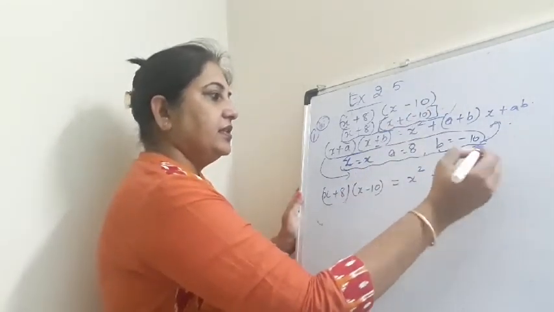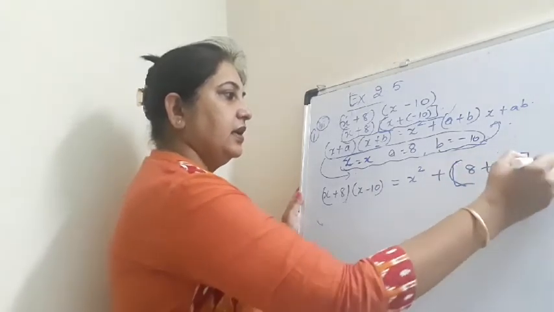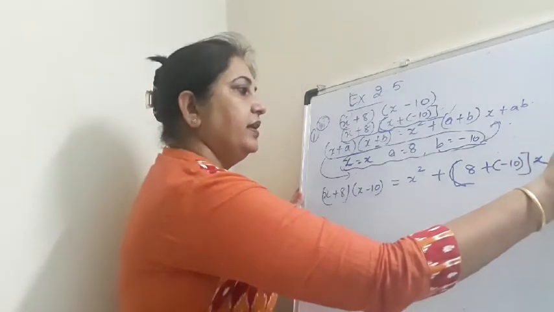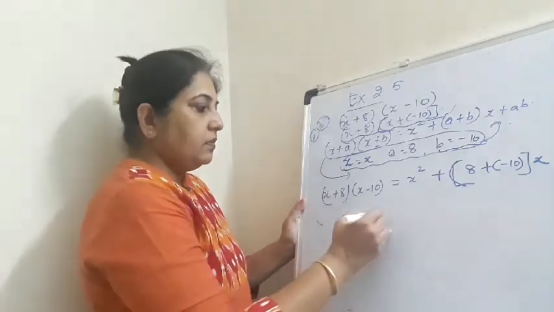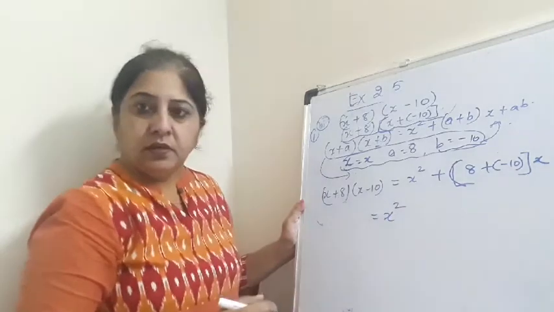For a I write 8 plus minus 10 and x, and here I write plus 8 into minus 10. So you have to be very careful with the sign, and therefore we write x square, 8 minus 10 will give you minus 2.